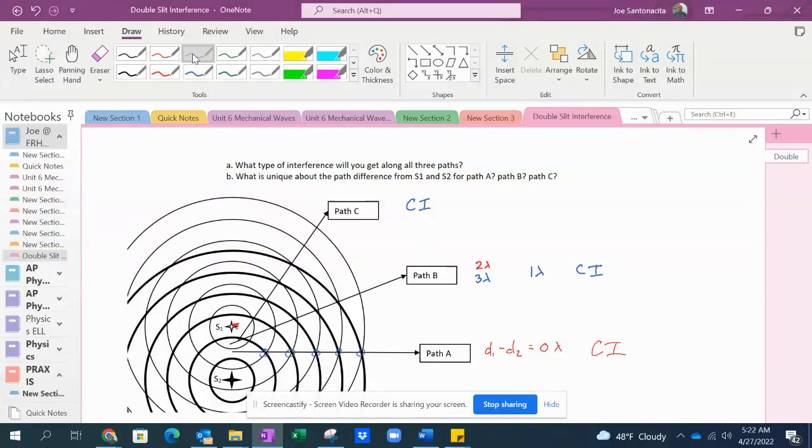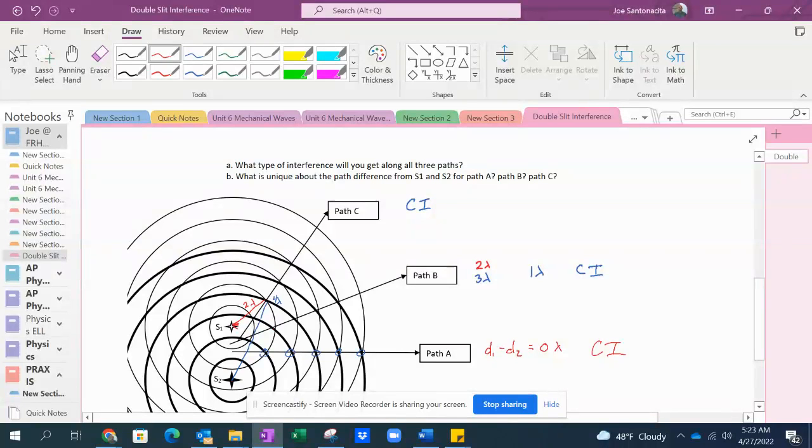Path C, you're going to have the distance the wave has to travel for S2 is going to be, in this case, 4 wavelengths here, and for S1 would be 2 wavelengths.